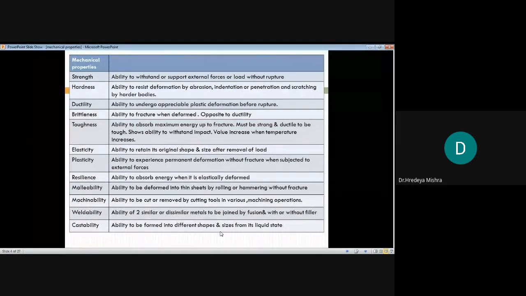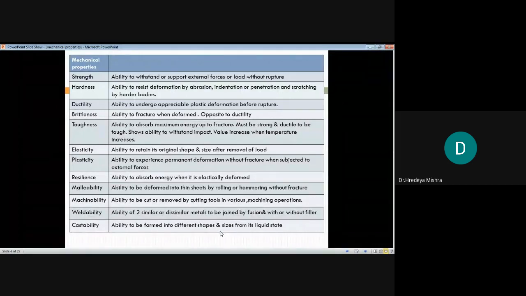In short, lack of ductility is called brittleness. Brittle materials have good compressive strength. Compressive strength is the resistance of the component or product against the compressive force.